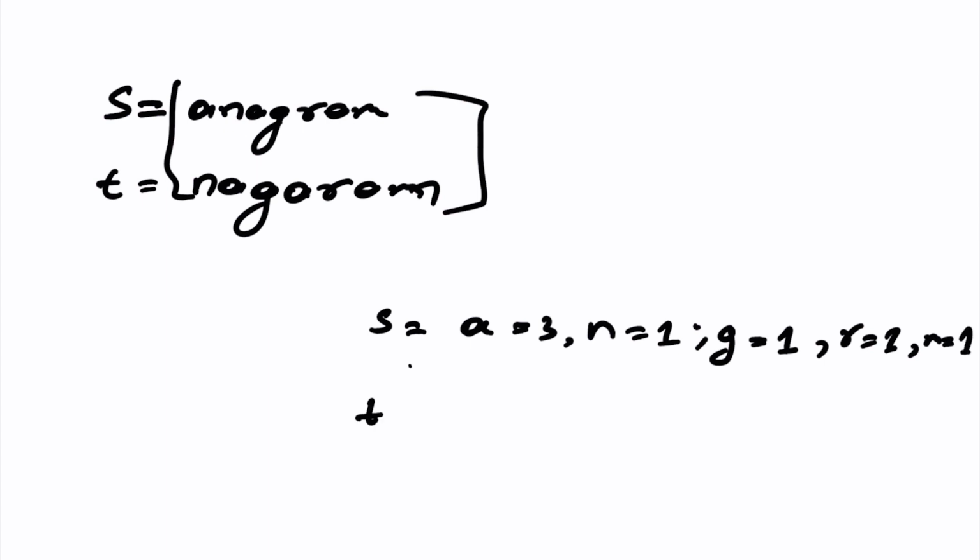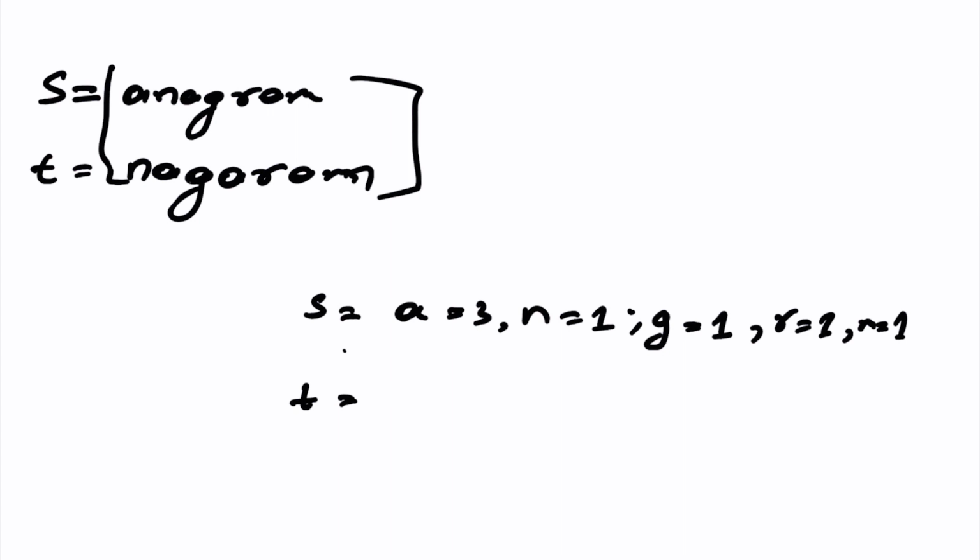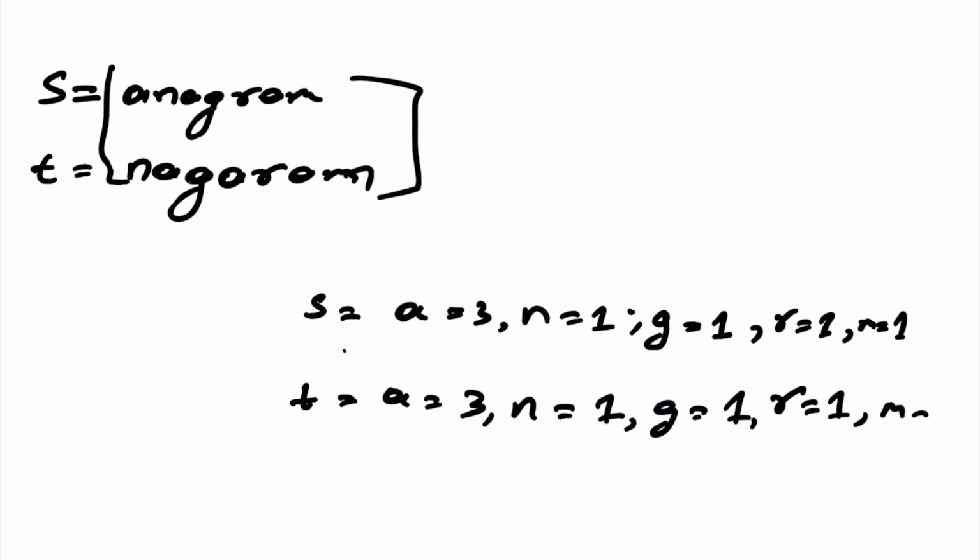And in T, if we count the frequency of A, there is 1, 2, 3. Count of N is 1, count of G is also 1, count of R is also 1, and count of M is also 1. If we compare each of their frequencies, we see that each letter has the same frequency. In this case, we can return true.